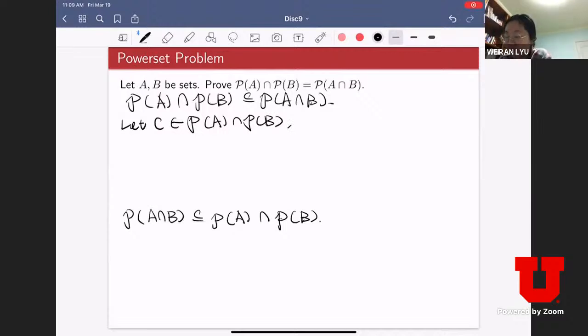Just by the definition of intersection, we know that C must belong to the power set of A, and C also belongs to the power set of B. And what do these two imply about the relationship between C and A and B?